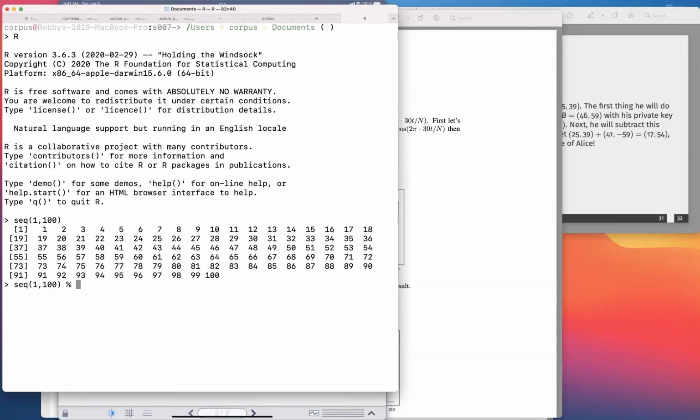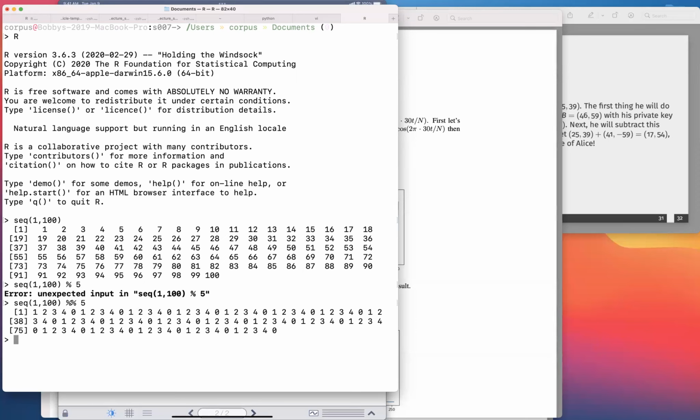So for example, suppose I want to do the modulo of, let's just say, 5. Sorry, it's percent.